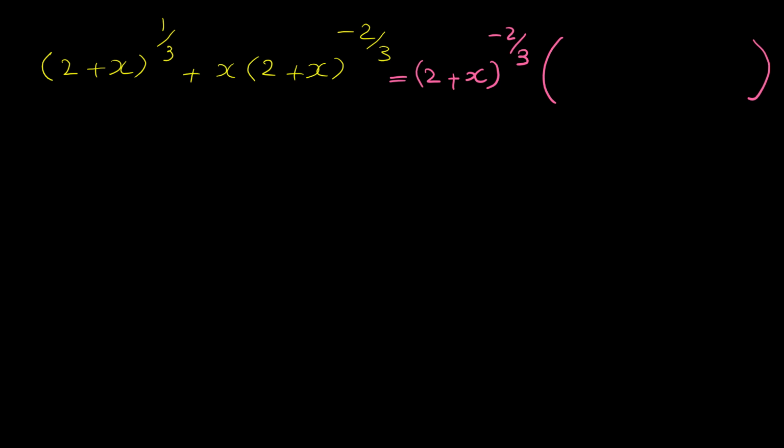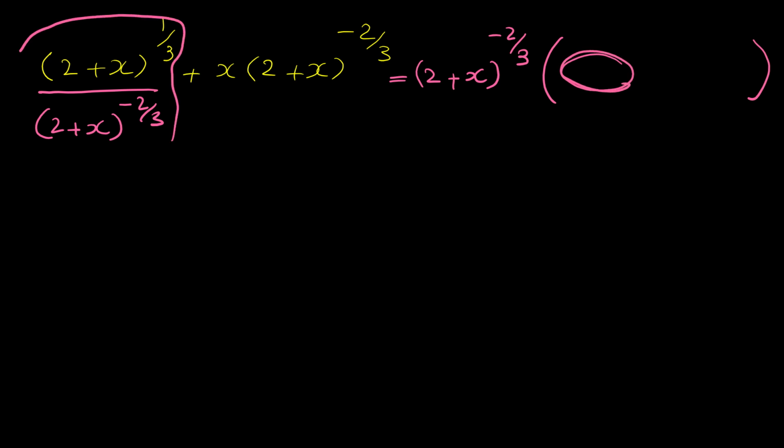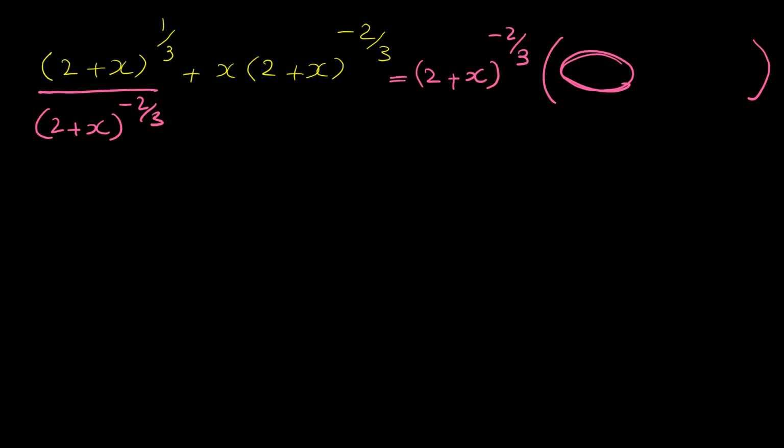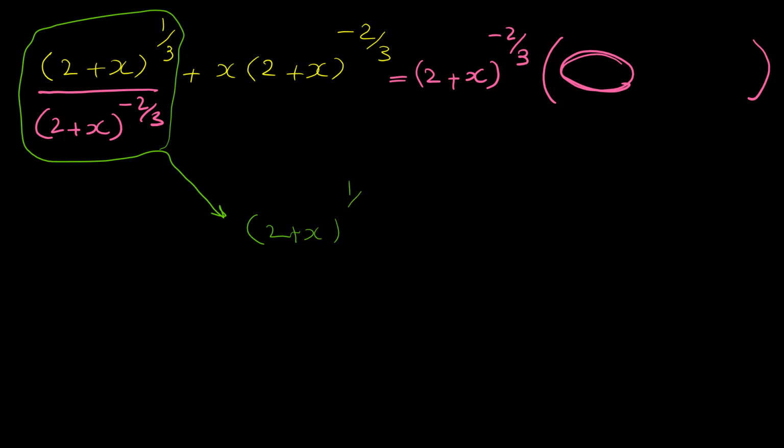And we know that when we factor something, it's like dividing. So when we factor this, we have to divide this first term by 2 plus x to the power of negative 2/3. And to write this expression here, we have to calculate this. When we divide like this, we subtract the powers. So the answer of this division is 2 plus x to the power of 1/3 minus negative 2/3.